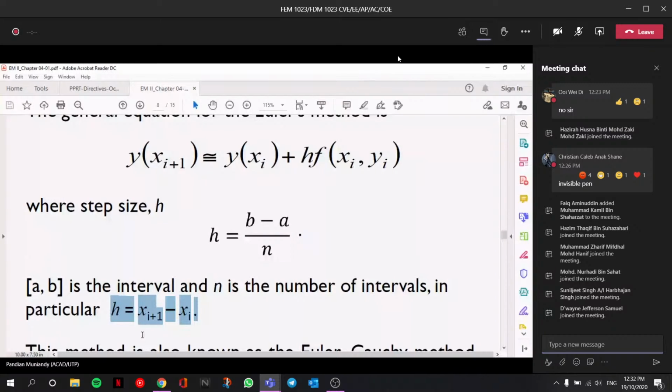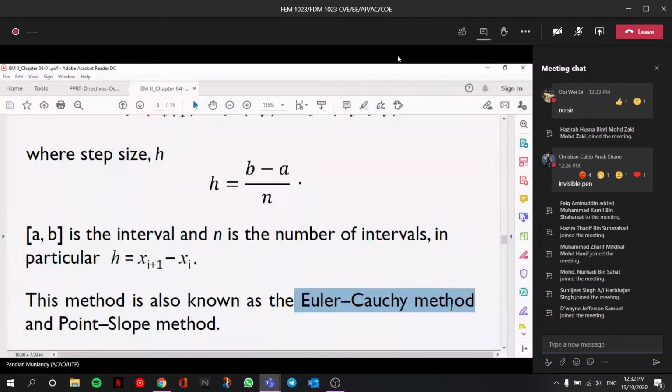So, for example, you put i=0, so x1 minus x0. That is your h.